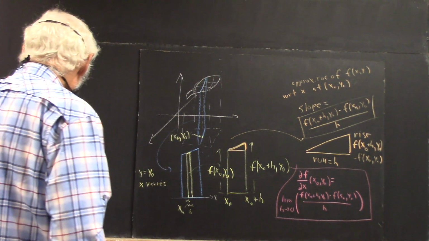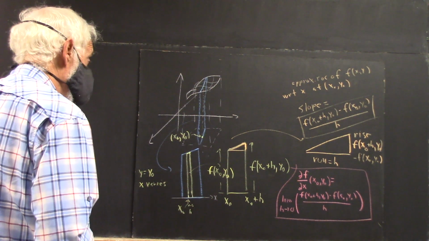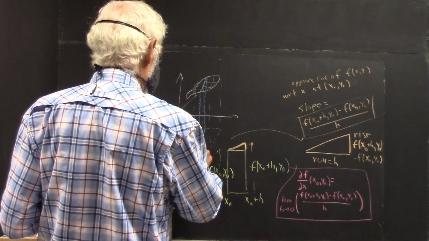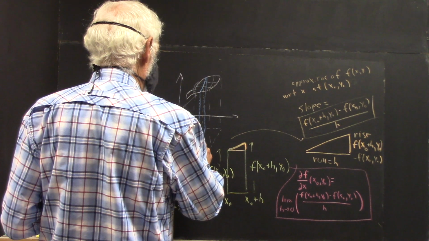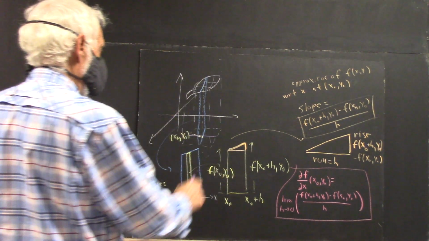Now you can also do the partial derivative of f with respect to y. What you do there is you hold x constant, and you're going to have a line straight across here.